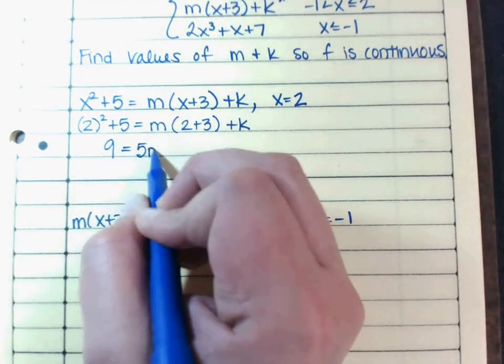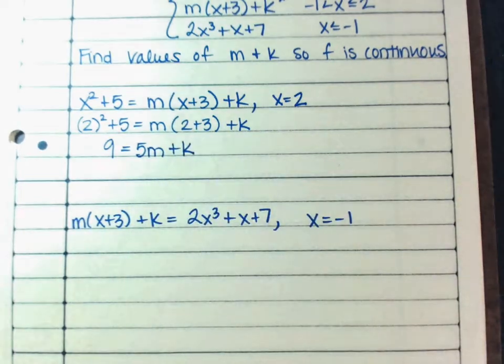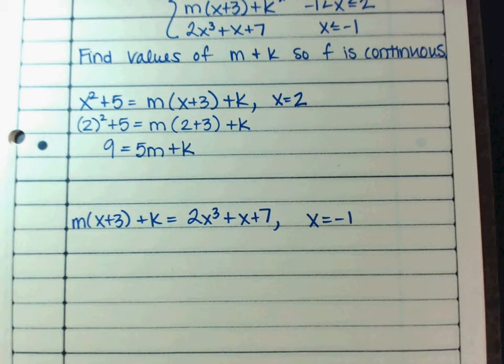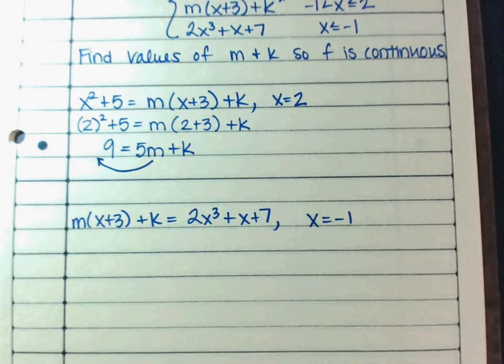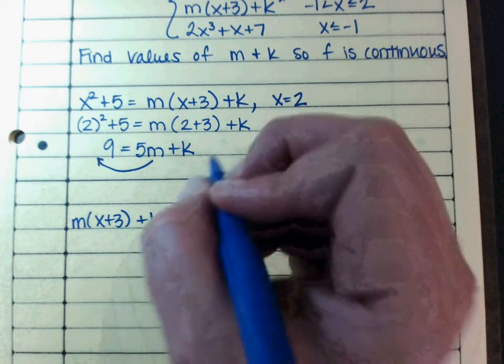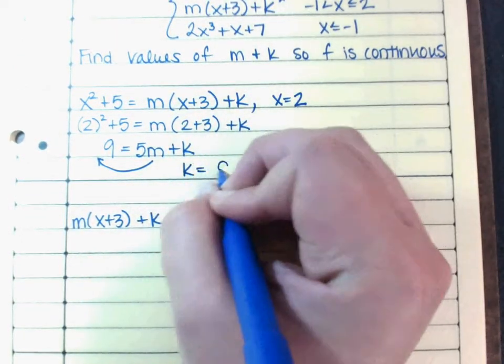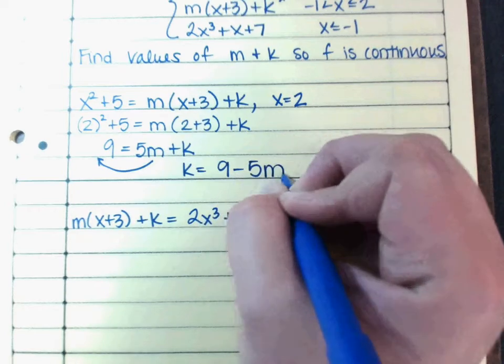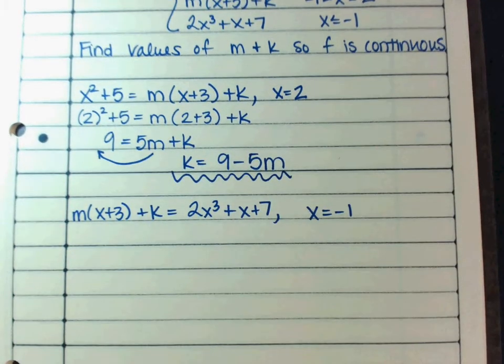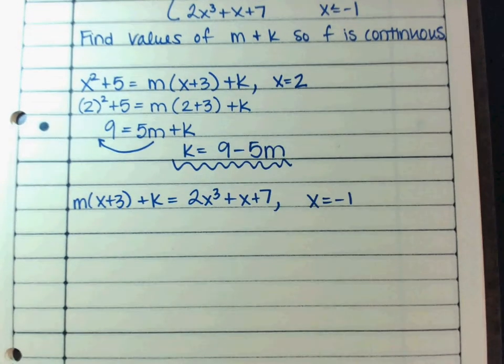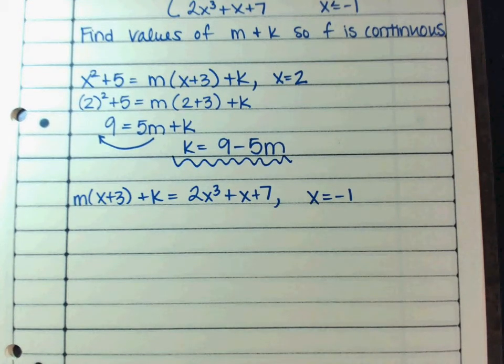Okay, 5m plus k. Which letter will be easier for us to solve for? Then pick the easy one. So we're going to take our 5m, bump it across here to the other side. When it switches over, it's going to turn what? Negative. So it's going to be k equals 9 minus 5m. Okay, and we're going to use that later to come back and solve. Okay, now look at your bottom chunk. Your number's -1. Plug it in.